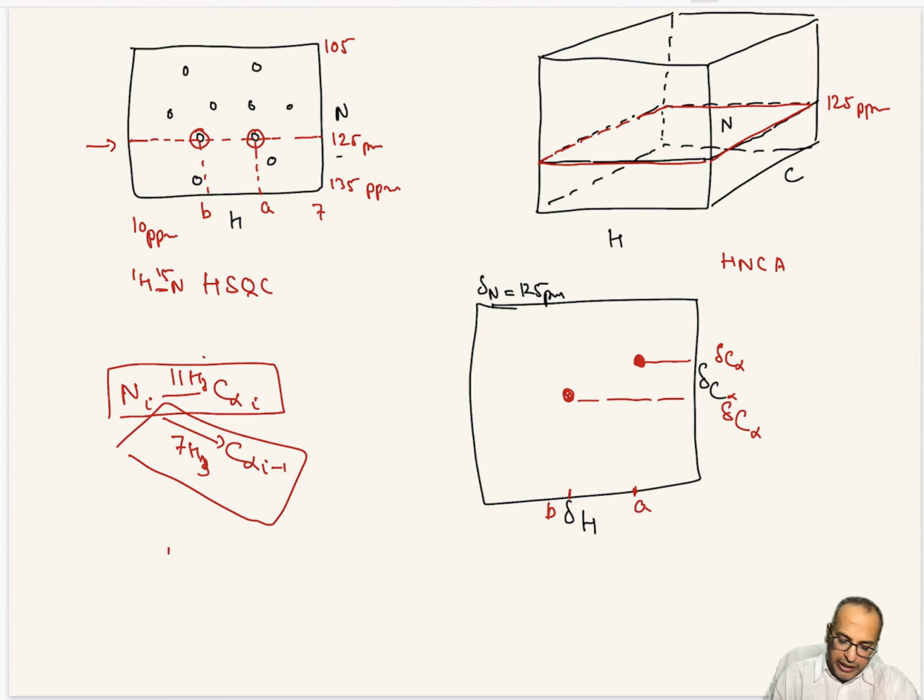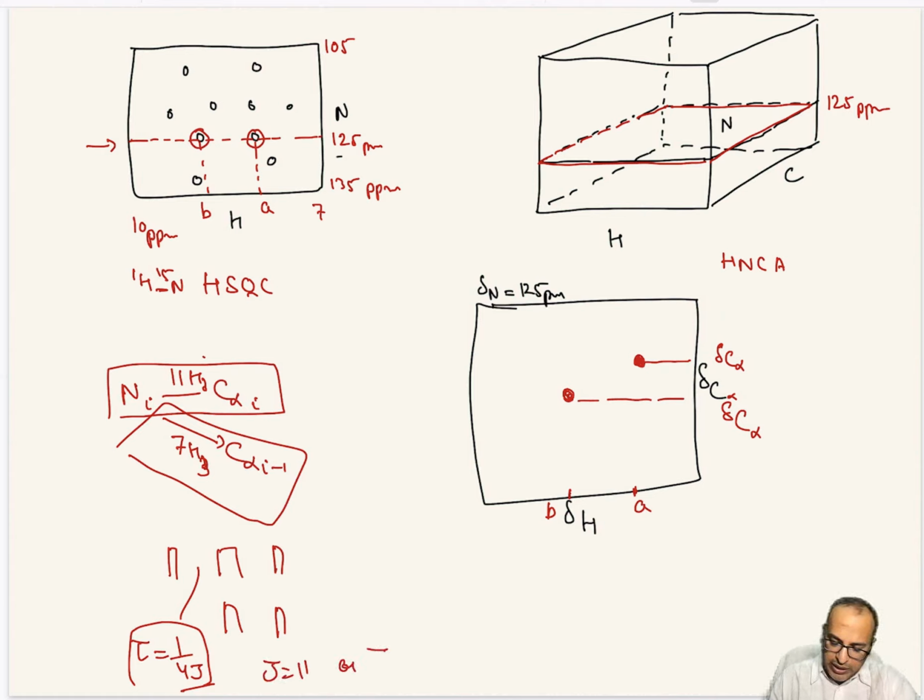Because in the INEPT delay, this tau has to be 1 by 4J, and this can be only one J value. So if you take this J value as 11 hertz or 7 hertz, it will give you an efficient transfer for only one of those coupling constants. The other transfer will not be as efficient.